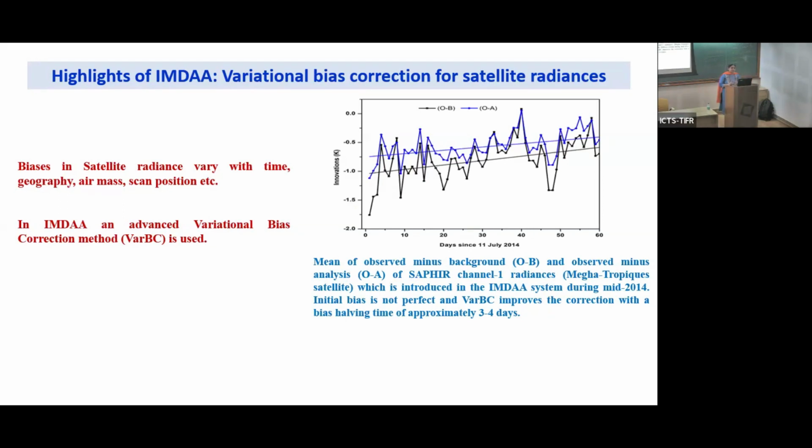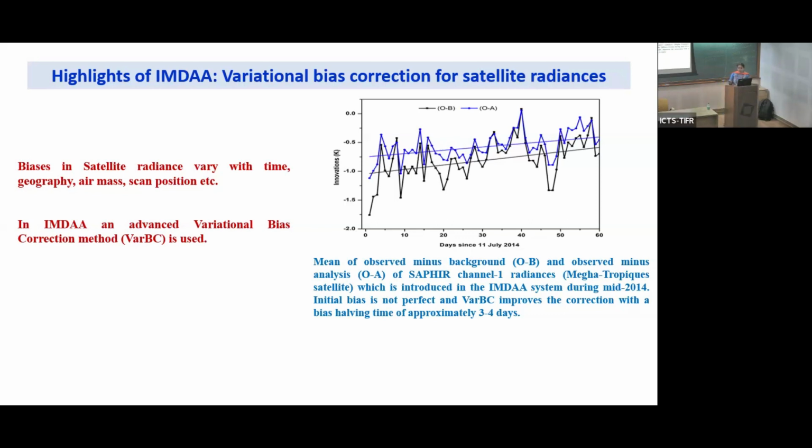Yesterday we also discussed that biases in satellite radiance vary with time. Depending on the time of the observation, the geography, the air mass and the scan position of the satellite, the biases can change. As I told earlier, in the operational system we were using static bias correction, where time, scan and air mass are fixed, some fixed values put in a static file, and depending on the season we change those static values.